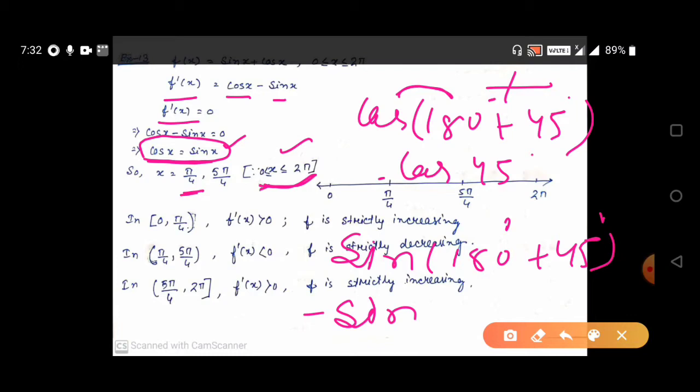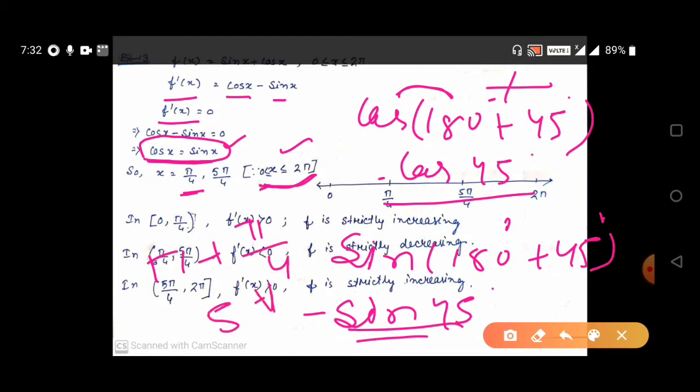So minus sin 45 degrees. Again cos 45 degrees and sin 45 degrees are both equal. So 180 degrees plus 45 degrees means π plus π/4. So it will be 5π/4. So another value of x will be 5π/4.